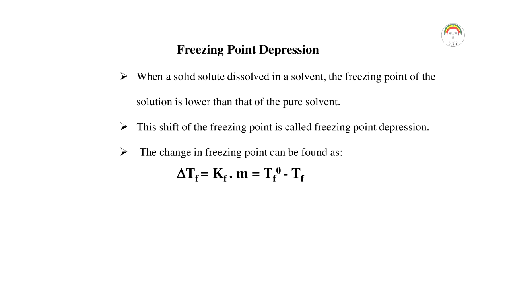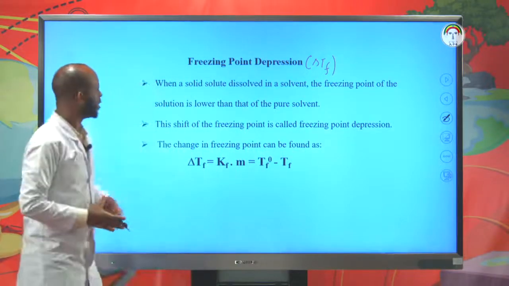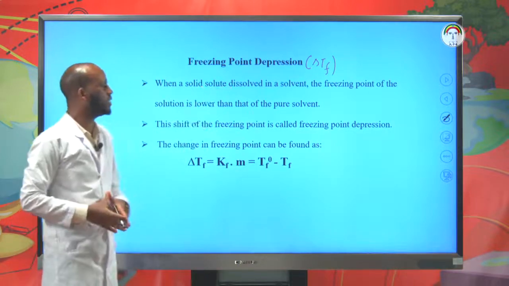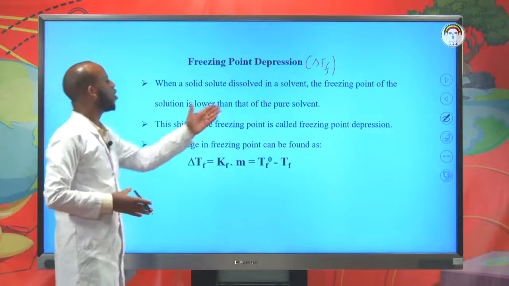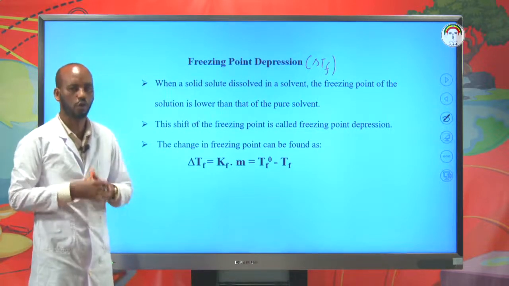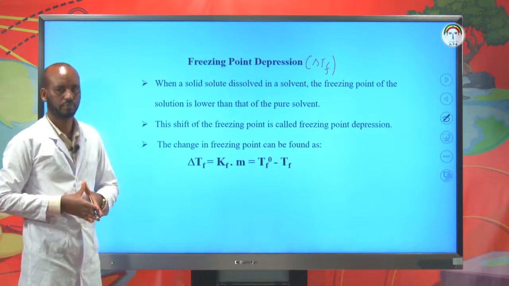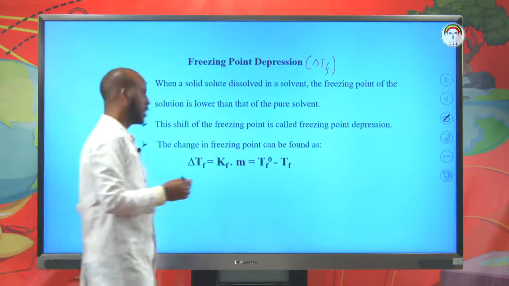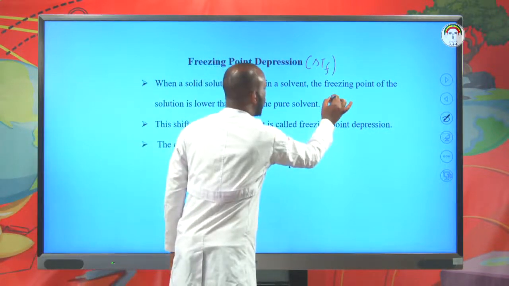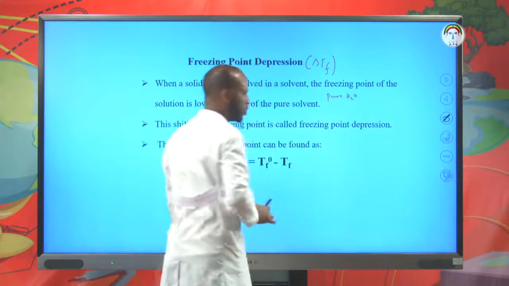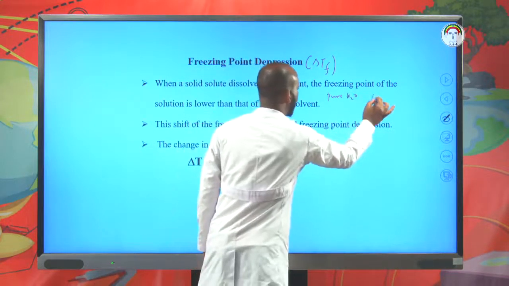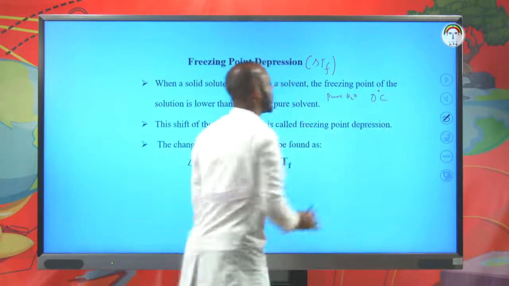Freezing point depression, denoted by the symbol delta TF. When a solute is dissolved in a solvent, the freezing point of the solution is lower than that of the pure solvent. For example, pure water freezes at 0 degrees centigrade.